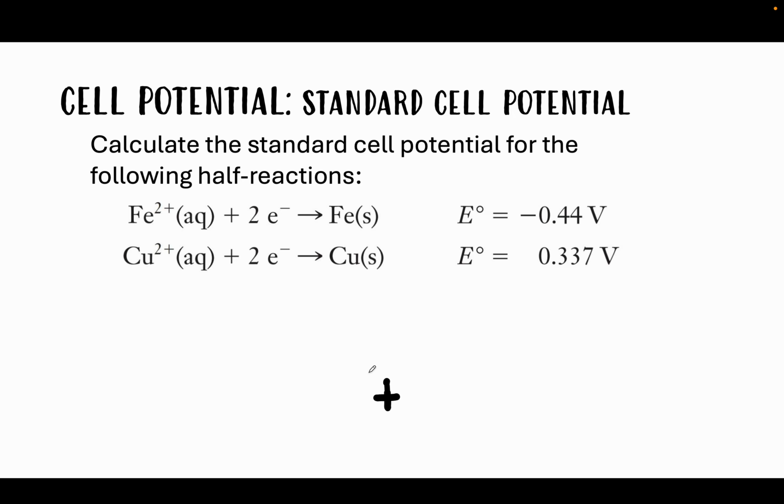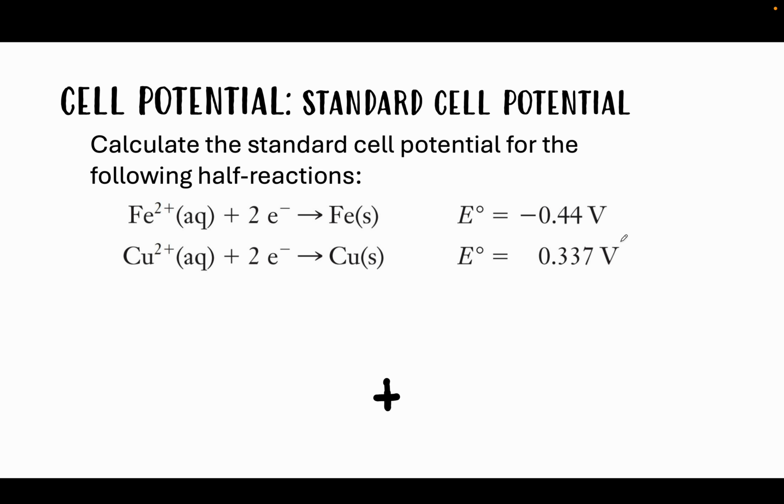So for example, we are asked to calculate the standard cell potential for the following half reactions. First, we have iron 2+ with a standard reduction potential of negative 0.44 volts. And for copper, we have 0.337 volts.